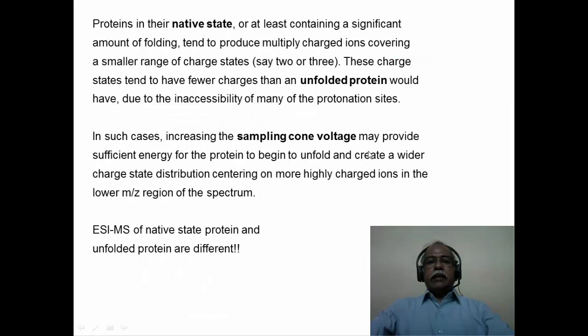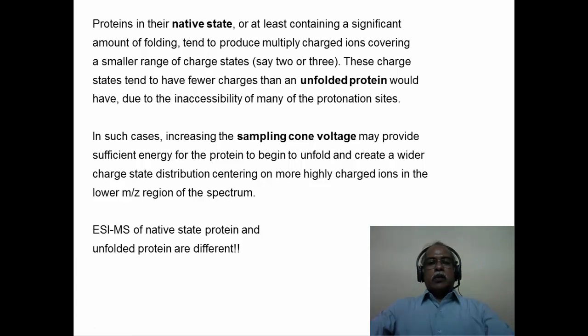Now, proteins in their native state have certain conformations, certain three-dimensional structures. It is not necessary that all the possible sites that can be protonated are exposed under those conditions. Some of the sites can be buried under the three-dimensional structure, which are inaccessible for protonation.